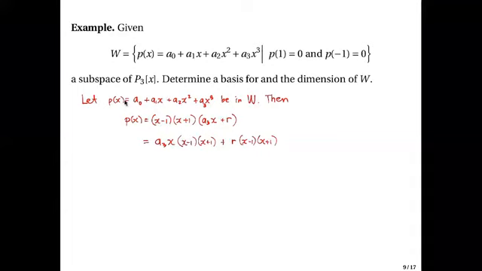Yeah. Well, first, you have these polynomials. These are the form of all the polynomials in W. It's an at most third degree polynomial. But since P of x is in the space W, this polynomial must satisfy these conditions. This condition tells us that you must have x minus 1. Why does it tell us to have x minus 1? It only tells us that P of 1 equals 0.